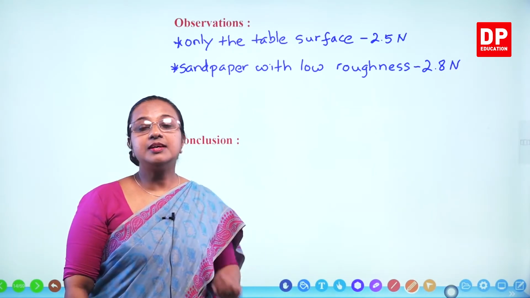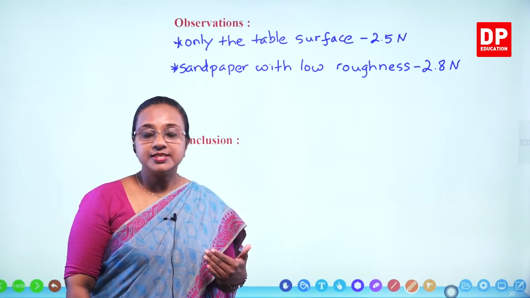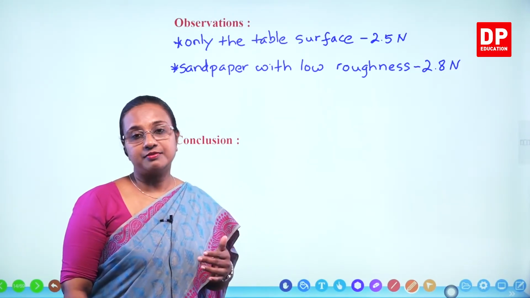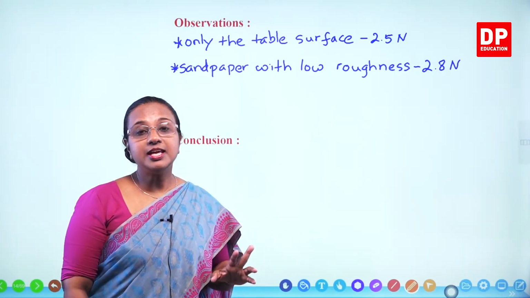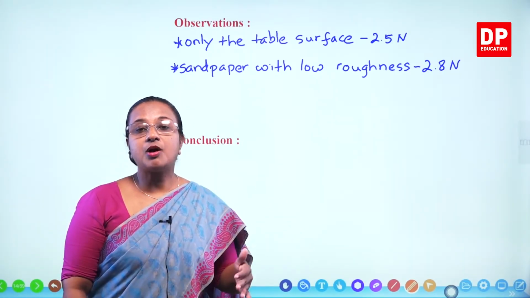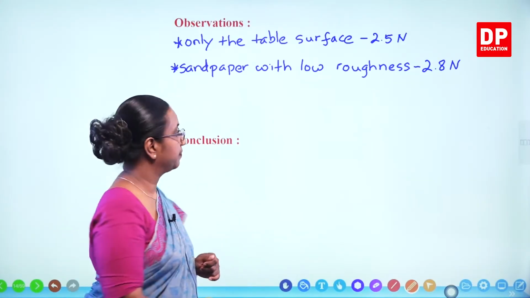And during the third instance, we used a sandpaper with a higher roughness. Then the Newton balance reading was 3 Newton as the block just started to move.